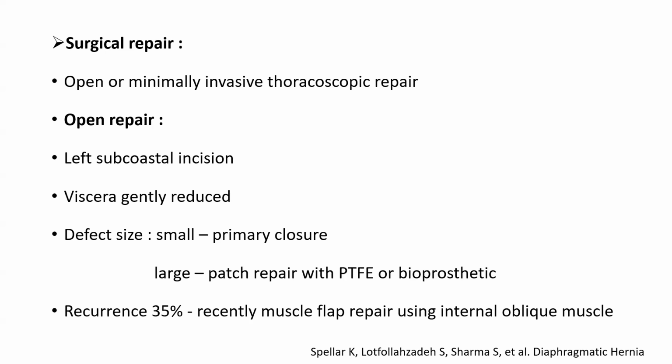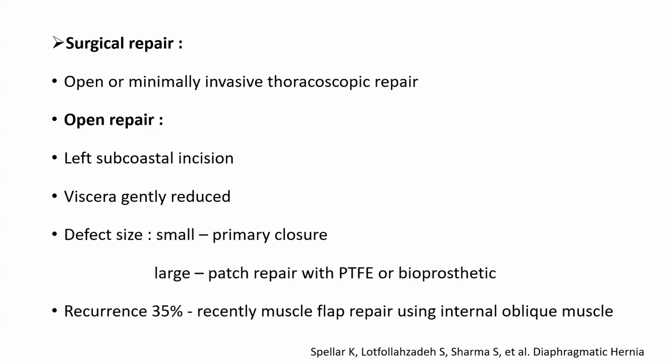Sometimes the medial aspects of the diaphragm can be closed primarily, but the lateral aspect lacks adequate tissue for closure, and a patch is required. A permanent mesh such as stretched polytetrafluoroethylene or biologic bioprosthetics are used for the repair.